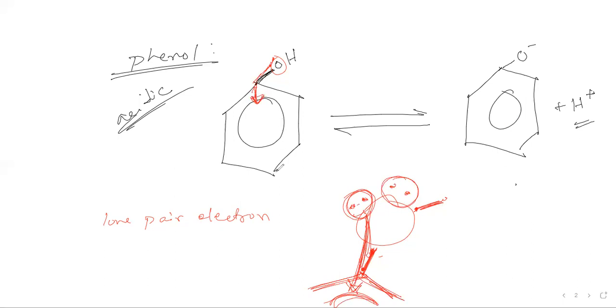The pi ring will be pulling them towards itself, and it will be revolving around this. It will be delocalized. Delocalized means it will no longer stay where it usually stays. So the electron pair will no longer stay there. It will come below. Now, if the electrons are pulled away from oxygen, then what will happen?